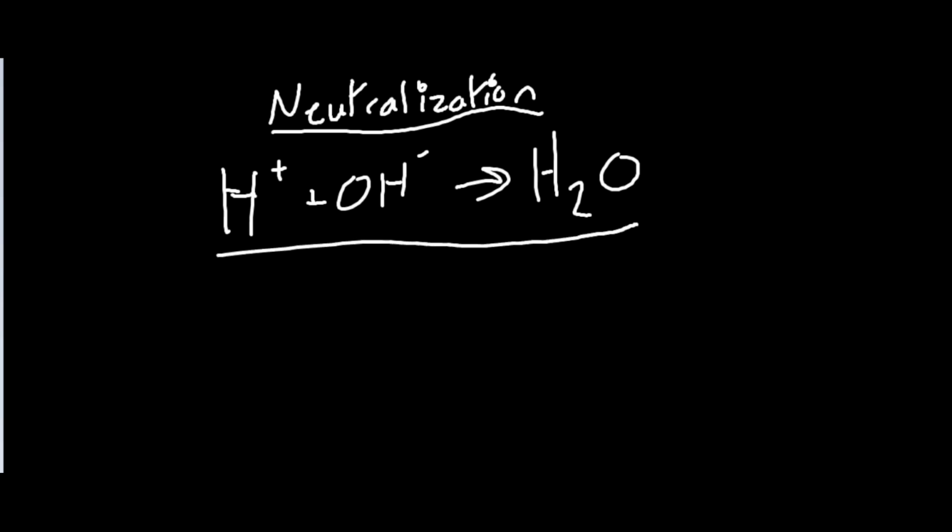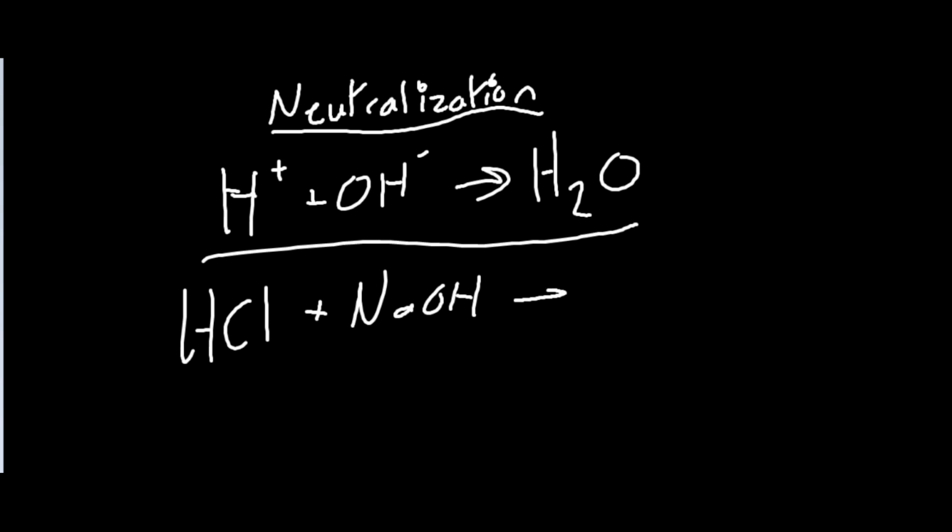Based off of this example, we could see that most, if not all, acids in the case of this class will fall under this definition. So, like our previous example, we could use HCl plus NaOH. Now we see that the H and the OH of these two compounds will come together and form H2O, thus neutralizing each other.